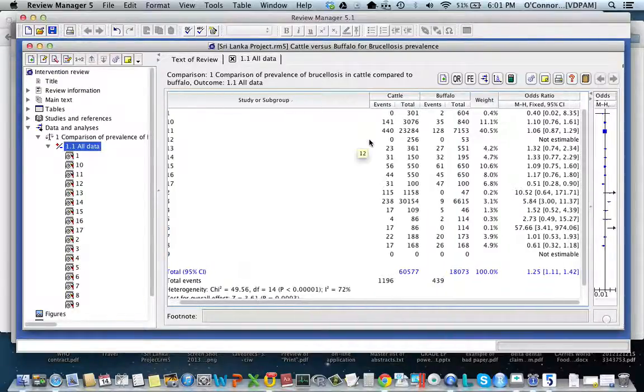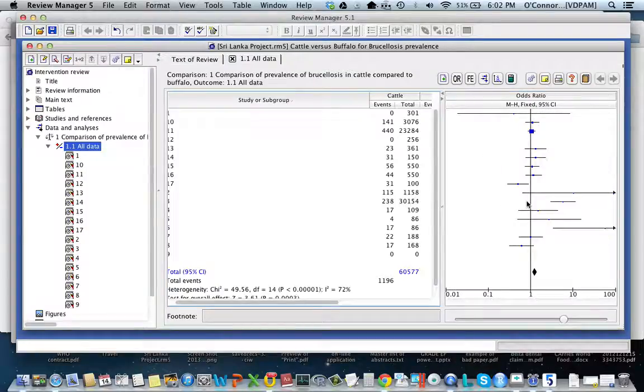Now, we can do this in a couple of ways. First of all, we can look at the estimates. And what we're seeing is that there are lots of estimates that seem to be near 1. There's a few that are protective. There are some that are showing a much higher prevalence in cattle. This one is showing a much higher prevalence in cattle. Now let's go over and have a look at the forest plot.